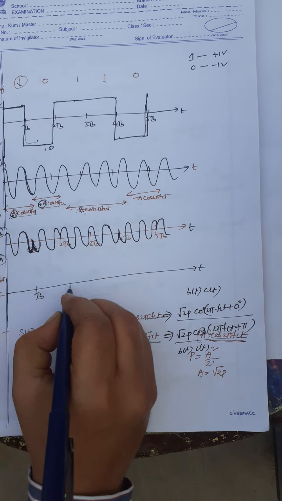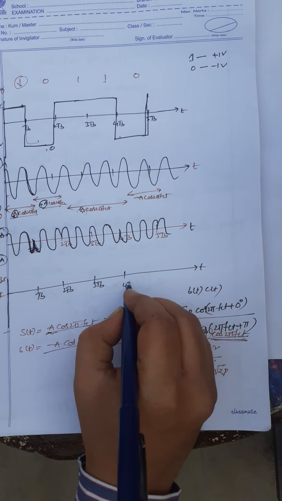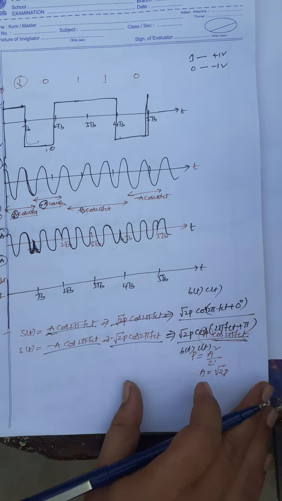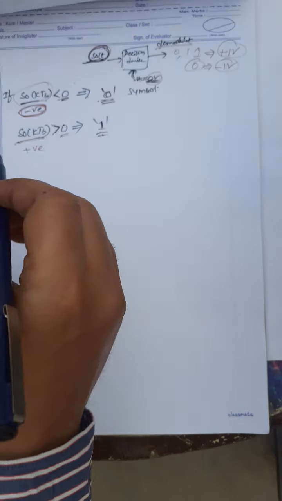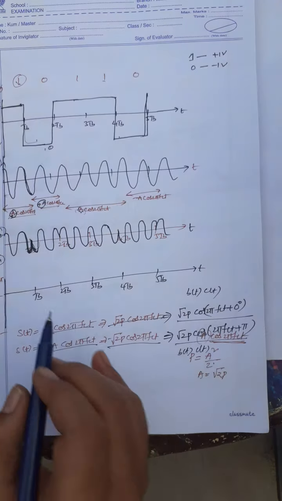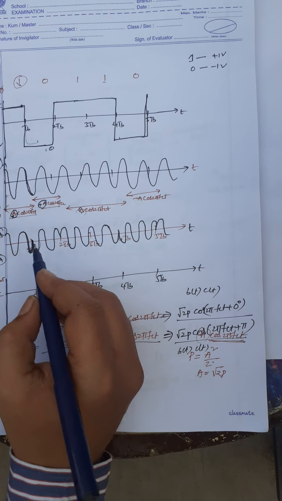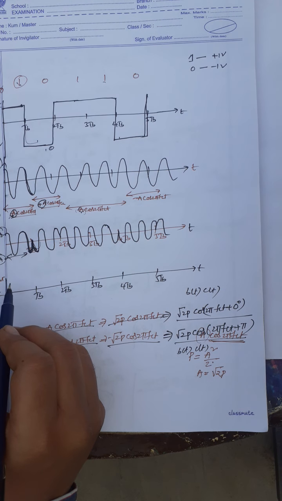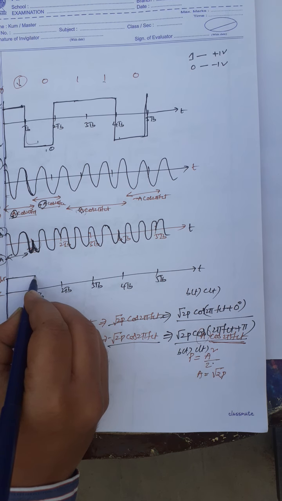So this is Tb, 2Tb, 3Tb, 4Tb, 5Tb. See here, if the integrator value is negative, the output is 0. If the integrator value is positive, the output is 1. So from the start up to this point, we are getting a positive integrator value, so I am getting bit 1.